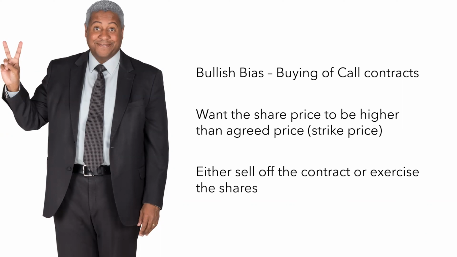Because as a buyer of call options, I want the share price to go higher and higher than my agreed price, so that the value of my contract will increase. By then, I can choose to sell off my contract at a profit, or I can exercise it to buy the shares at a cheaper price. If this sounds confusing, no worries. We will go through a little bit of examples.